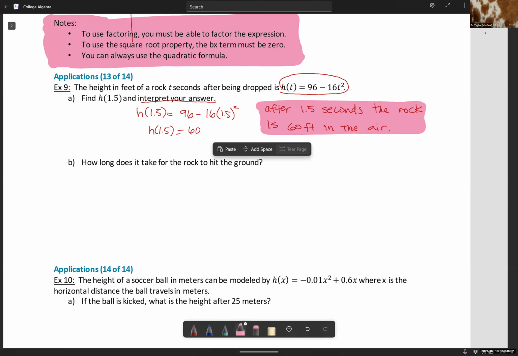How long does it take the rock to hit the ground? So when is the height equal to 0? When is the height equal to 0? Well, we just take that thing, 96 minus 16t squared, and we set it equal to 0. And because there's no b term, we can just use the square root property. So subtract 96 from both sides.